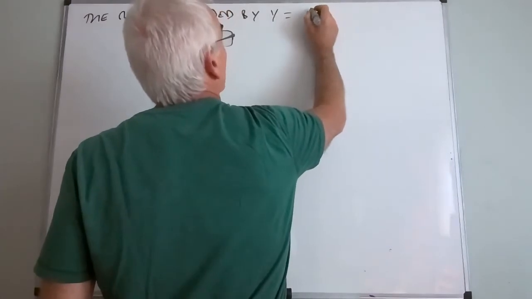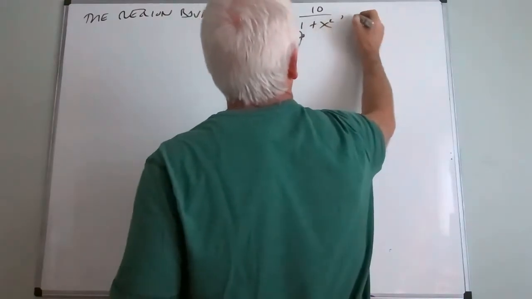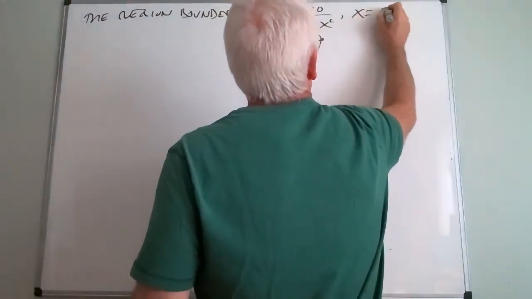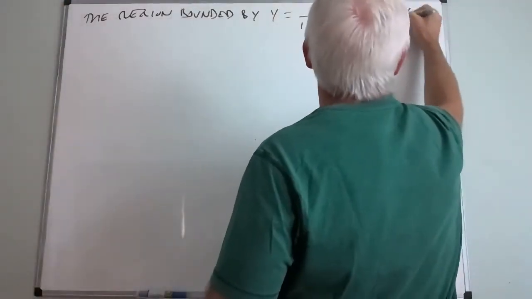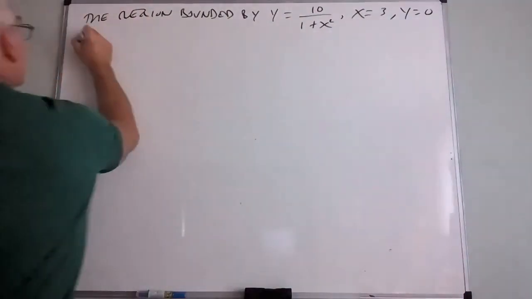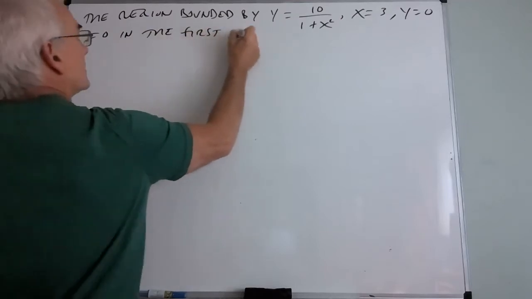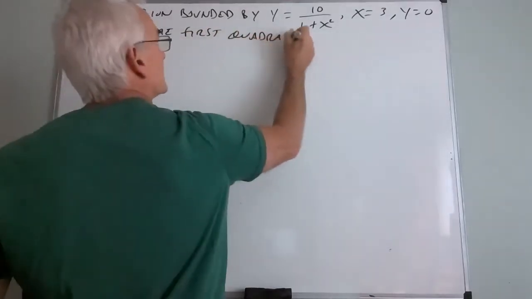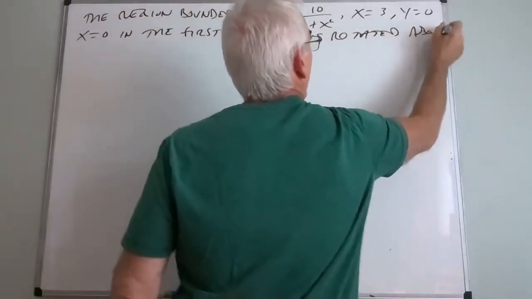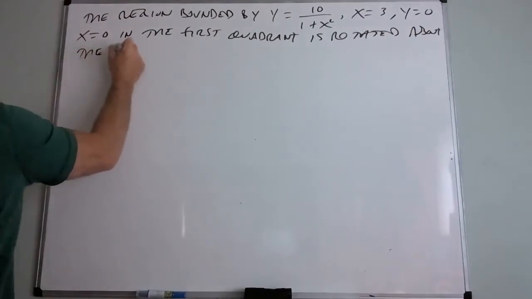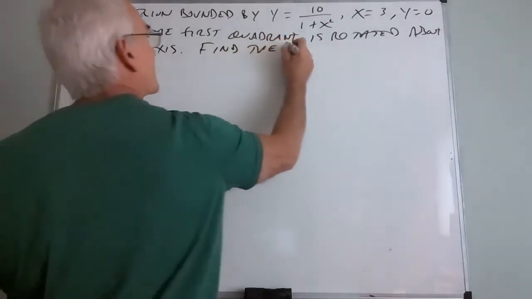How about 10 over 1 plus x squared, x equals 3, and let's see, y equals 0, x equals 0 in the first quadrant, is rotated about the y-axis. Let's find the volume of the resulting solid.